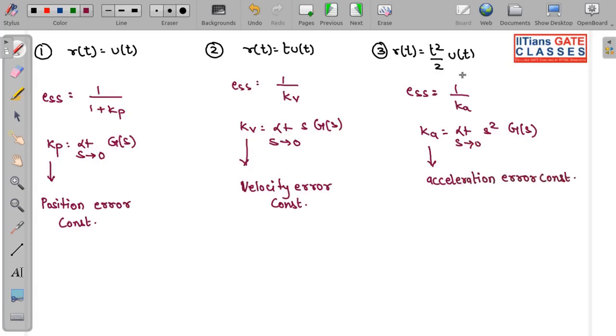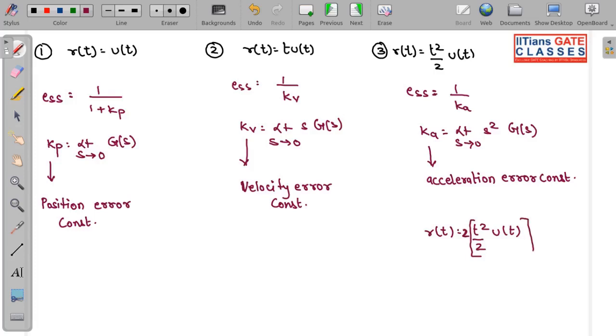Now one thing to note over here: when r(t) is t square by 2 u(t), then ESS is like this. Now if suppose r(t) is equal to t square u(t), at this time ESS will not be 1 by Ka. I will be dividing by 2 and multiplying by 2.